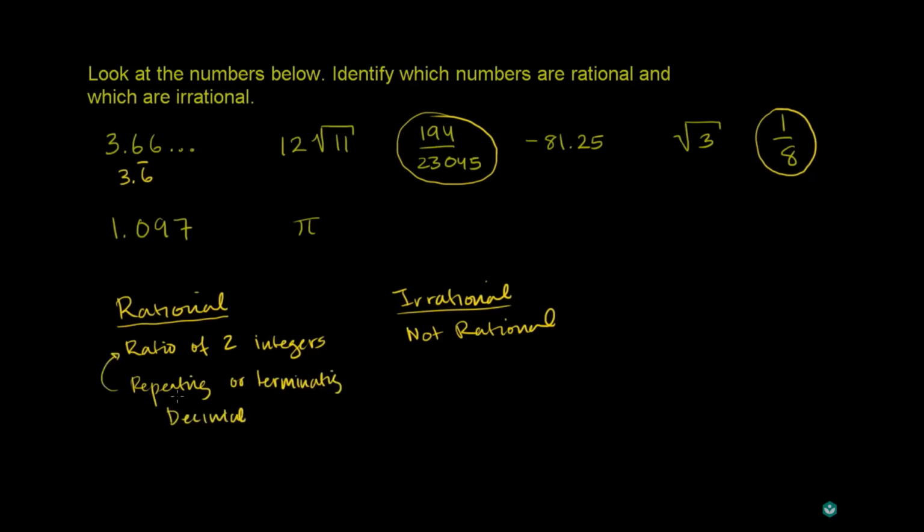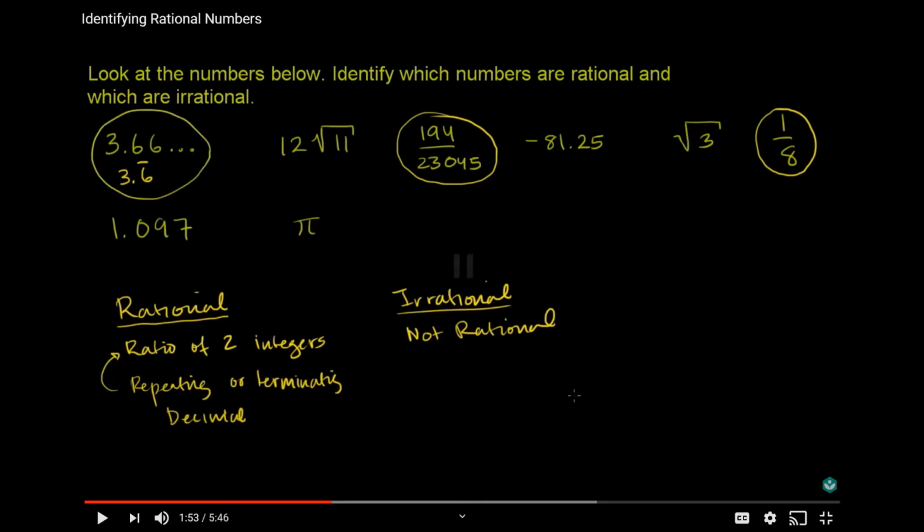So if you believe what I just told you, that repeating decimals can be represented as the ratio of integers, then 3.666 and so on and so forth, the sixes keep repeating, this right over here is a rational number. It's a rational number because, like he says, rational numbers can be represented by a repeating or terminating decimal.